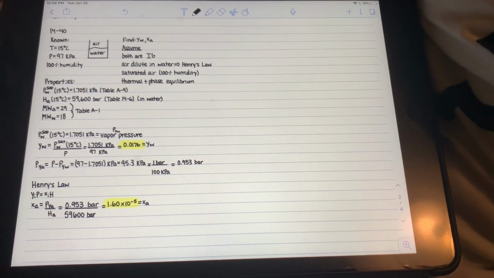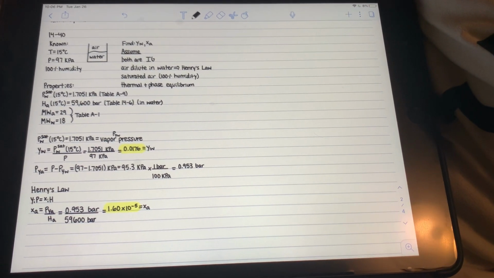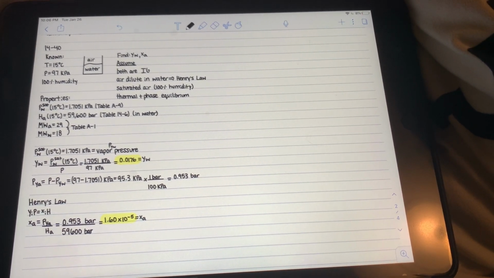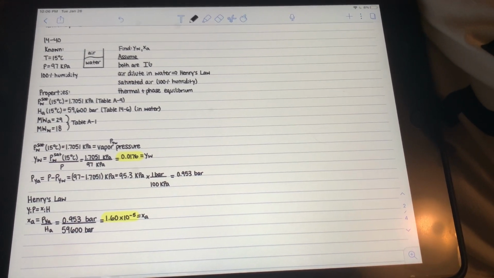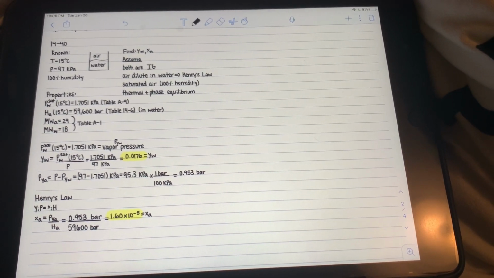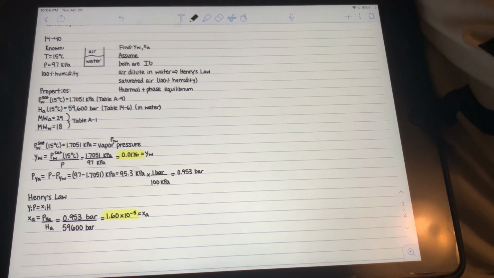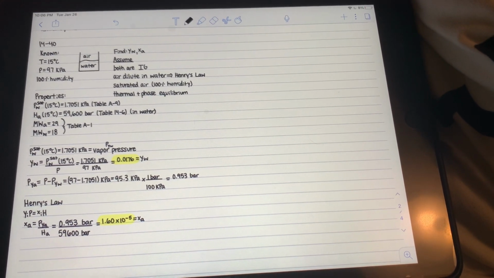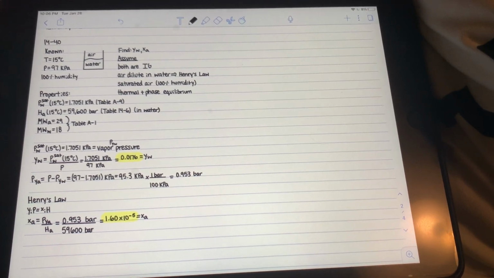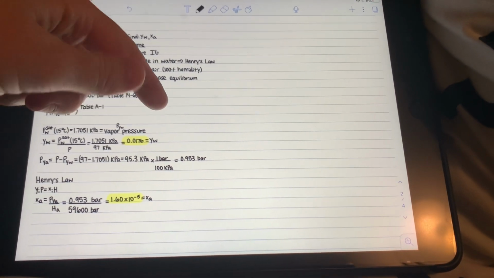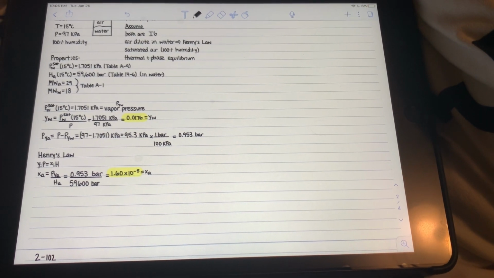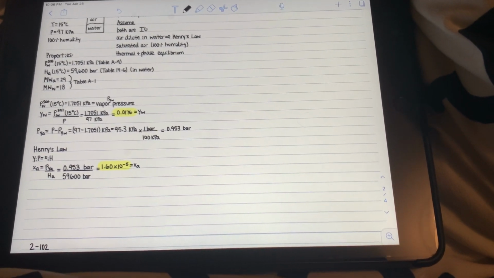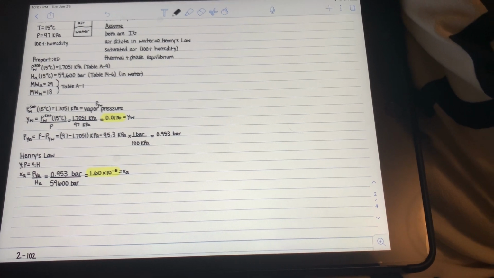We know that the saturation pressure of water is equal to the vapor pressure of water, and then we are able to solve for the fraction of water vapor by doing that vapor pressure over the ambient pressure, and then you can just use this and subtract that from the ambient pressure to get the pressure of the air, or the dry air, since those are additive, and then you apply Henry's law to solve for the liquid air, basically, or air that is in the water, and that's very small, like it's supposed to be, because Henry's law is only for dilute gases.